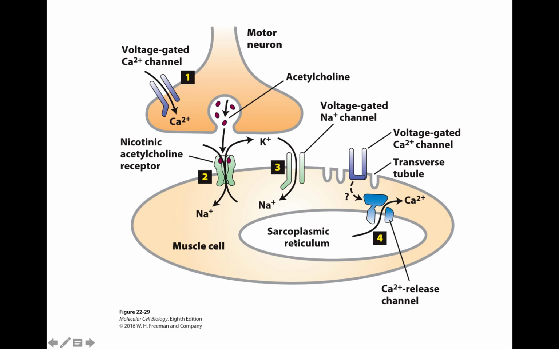And in general, calcium is high outside the cell and low inside the cell. However, the endoplasmic reticulum in any old cell will store calcium, and especially in muscle cells. So this is thought of as a calcium store, a storage place for calcium, and it can be released from the sarcoplasmic reticulum to the cytoplasm in the cell.